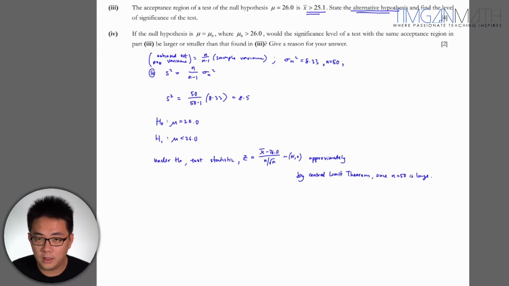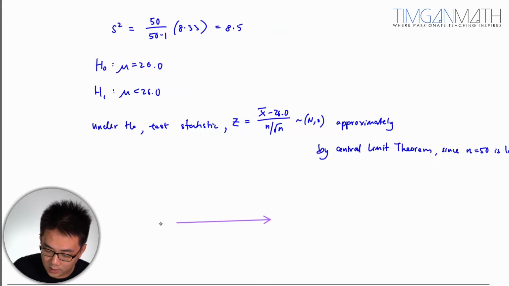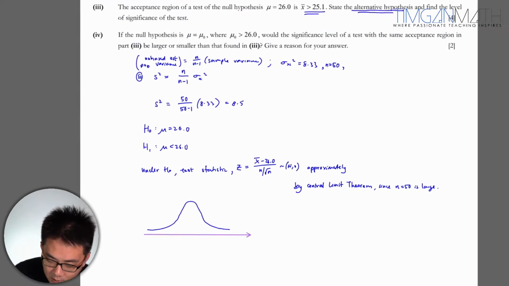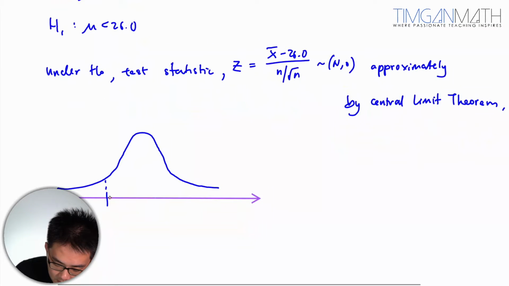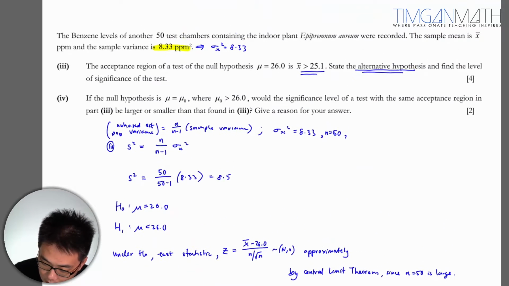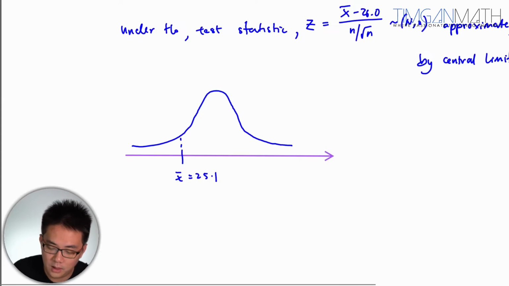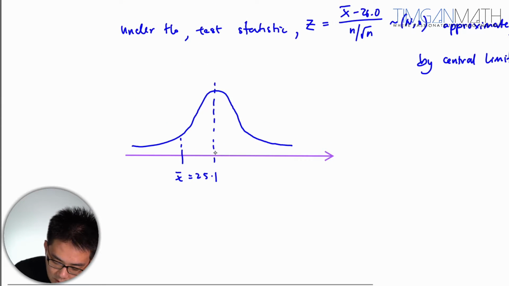Let's try and understand what's going on here. The acceptance region for H0 would be x bar more than 25.1. Just remember that H0 is true.